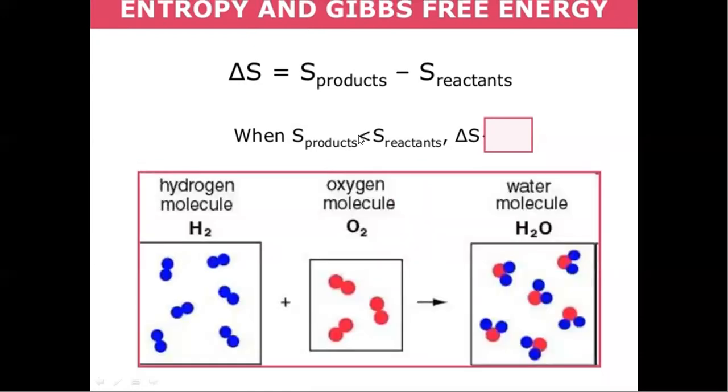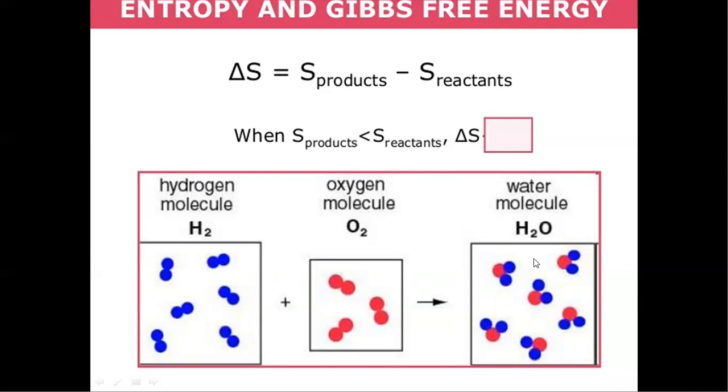In the second case, the entropy of products is less than the entropy of reactants. These are the reactants: hydrogen gas, which reacts with oxygen and forms water molecules. Hydrogen gas and oxygen gas are in gaseous form, and in gaseous form molecules or atoms are very free in nature, so they are completely disordered.